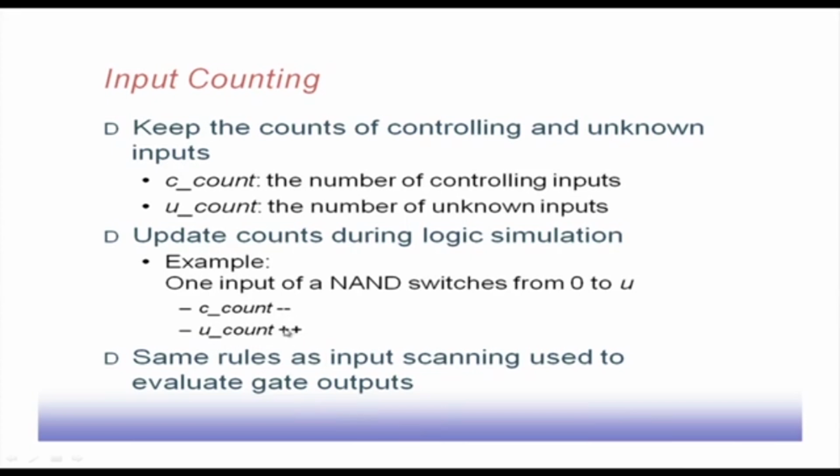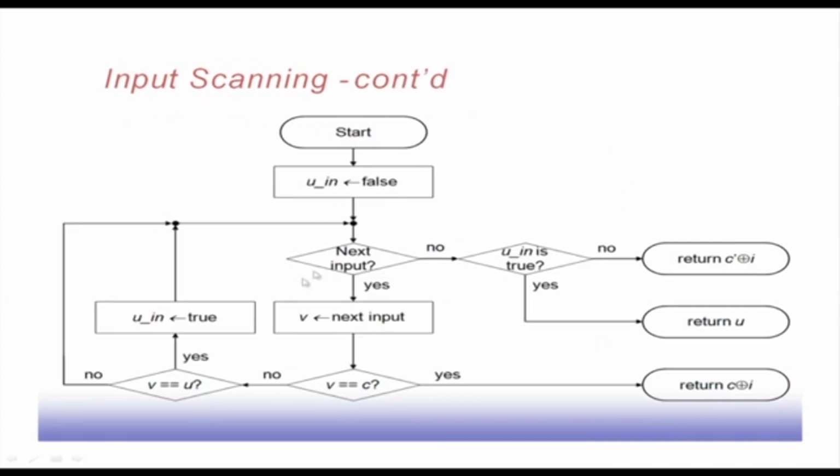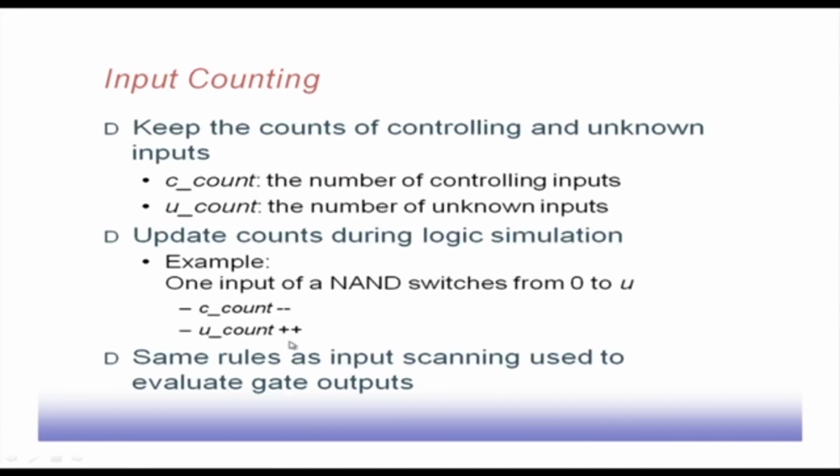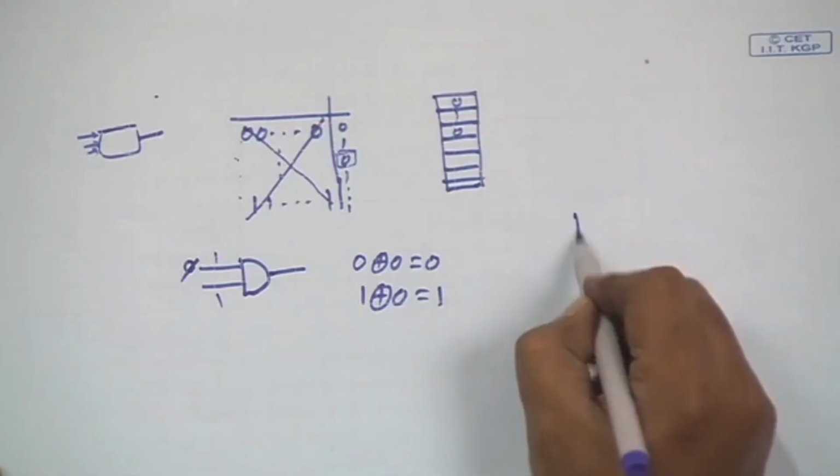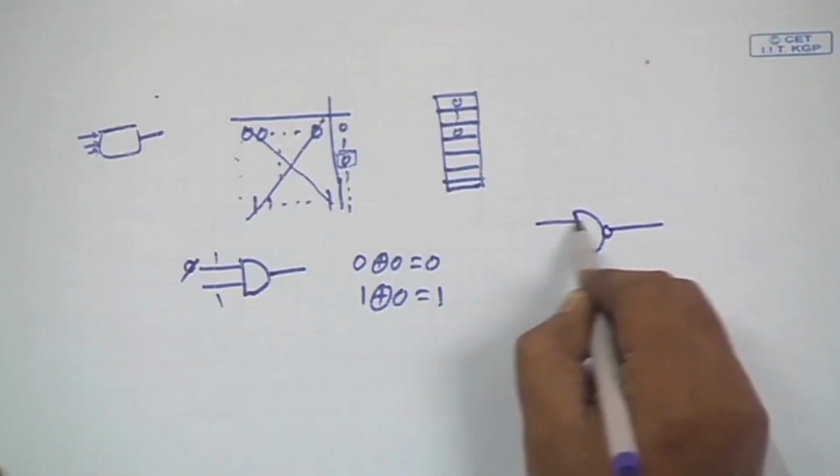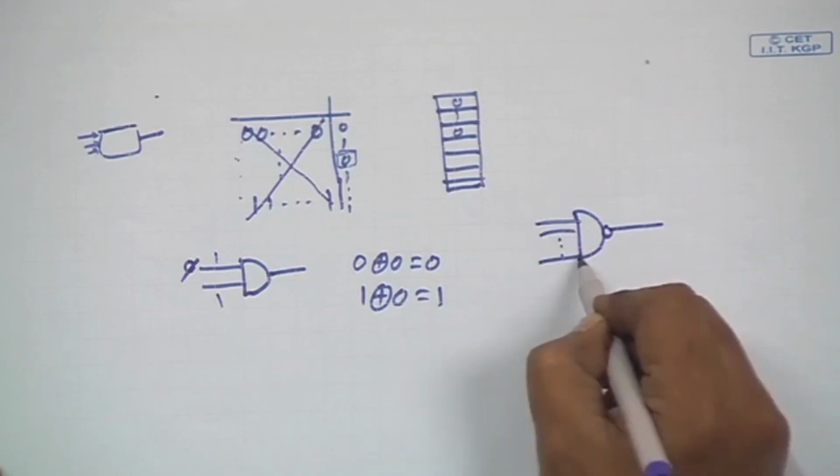Otherwise, the rule remains the same for evaluating the gate output. The rules that we have here will be applicable in this one also. However, the point is that it does not do a complete simulation. Suppose this NAND gate was simulated previously, and it had a number of inputs.